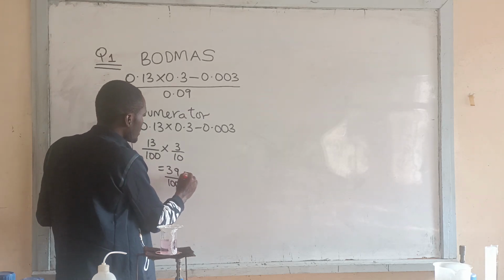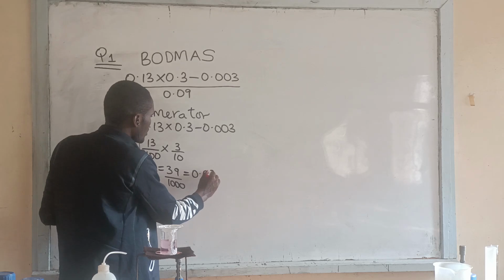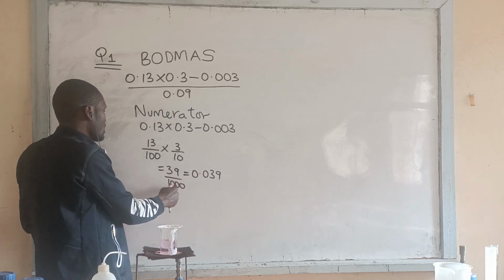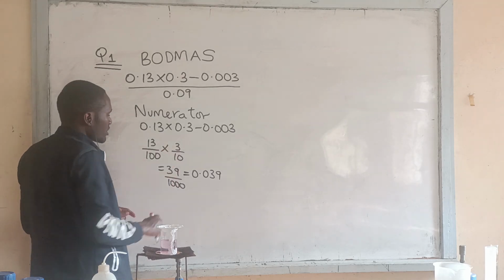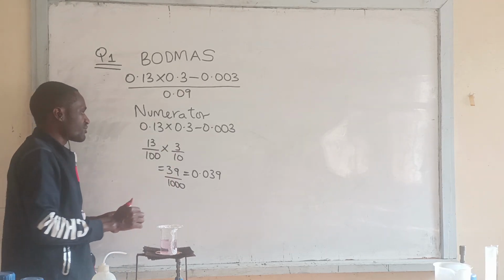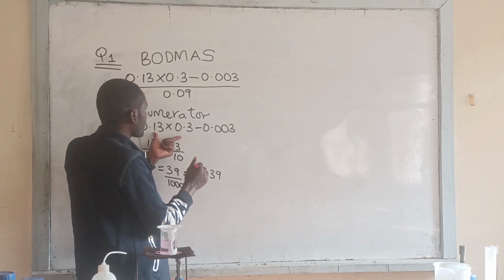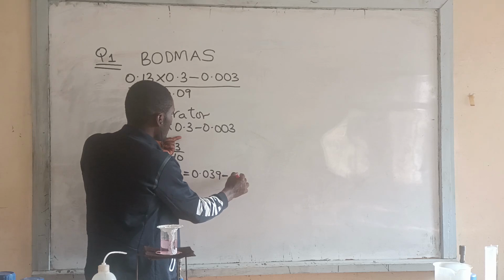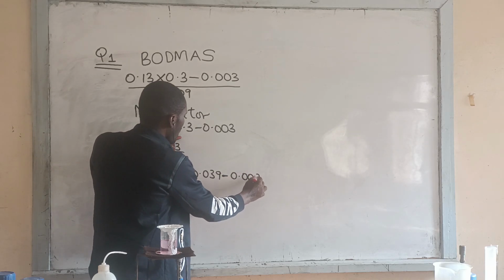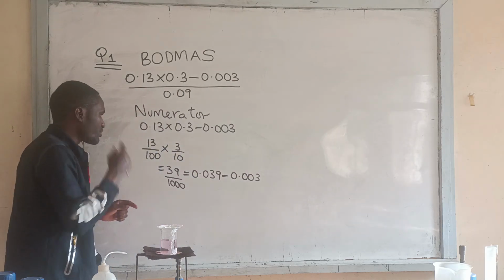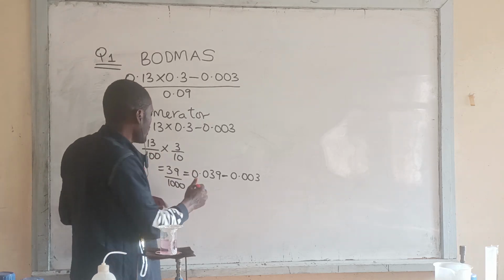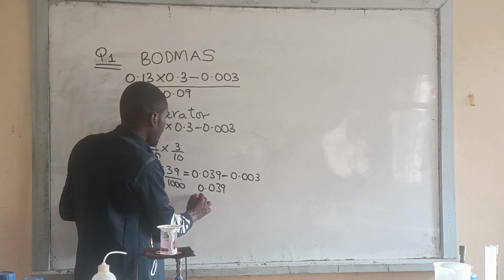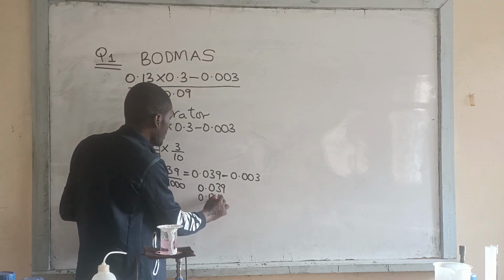So this translates into 0.039: two zeros disappear, and you have one zero that still remains. Then we subtract manually: 0.039 minus 0.003.